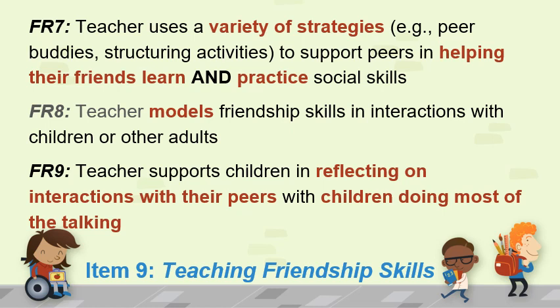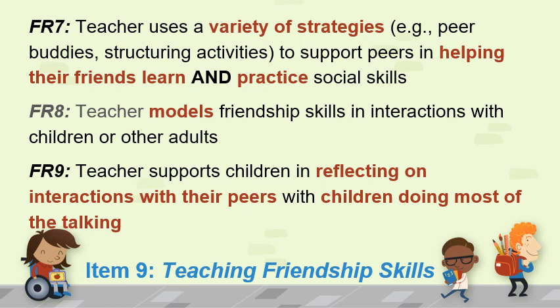I am waiting patiently for my turn. Or, I am being thoughtful. I let Joellen take the first turn. So what you're doing is you're modeling it in your own interaction so that the children will mimic you.